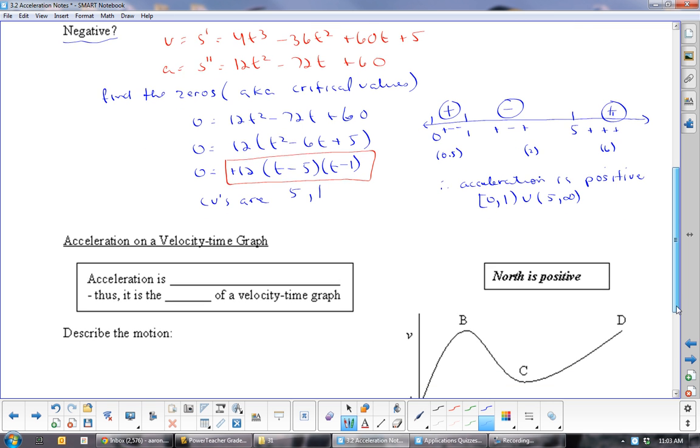Okay, so we can put a square bracket around 0 because it could be greater or equal to 0. Round bracket around infinity, of course, because we never reach it. And then acceleration is negative at 1 to 5.